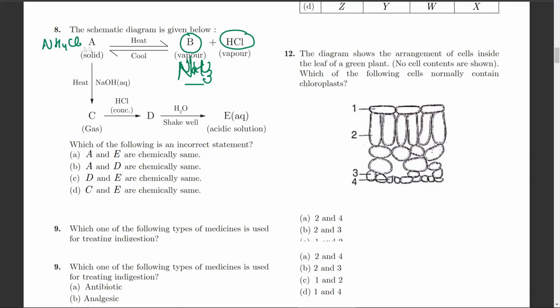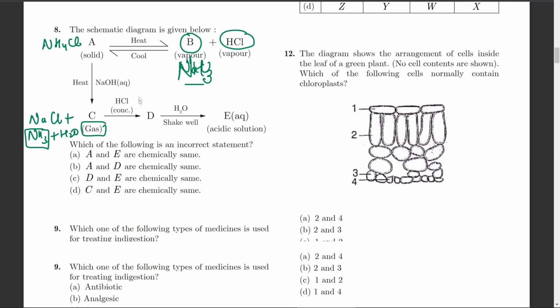So when ammonium chloride is heated, you will get ammonia vapors and HCl vapors. When ammonia is heated in the presence of NaOH, you are going to get NaCl plus ammonia plus water, right? So the gas over here is ammonia. All right.